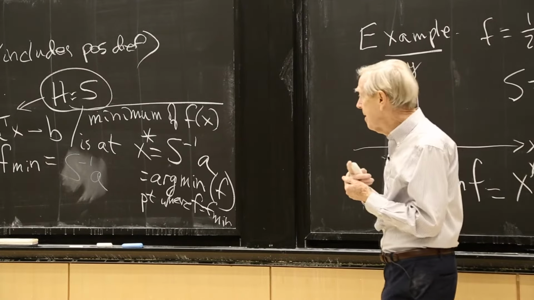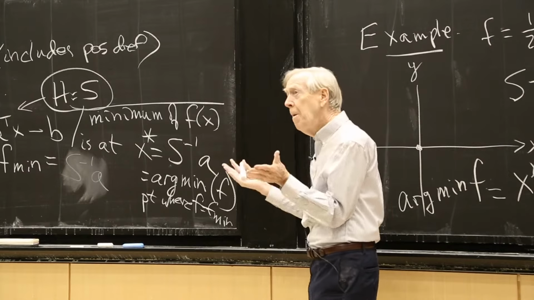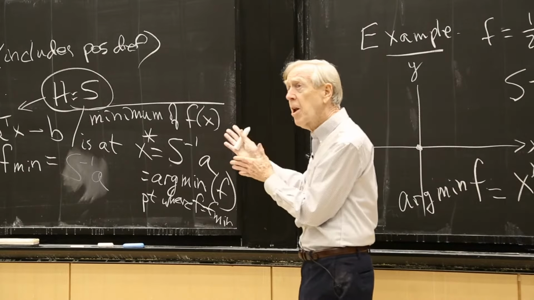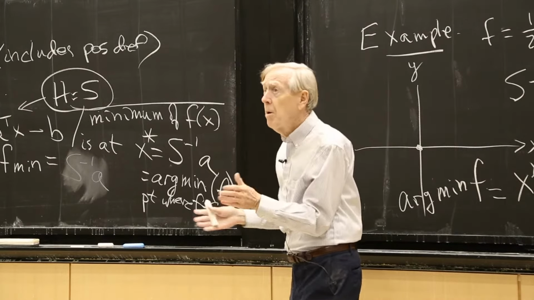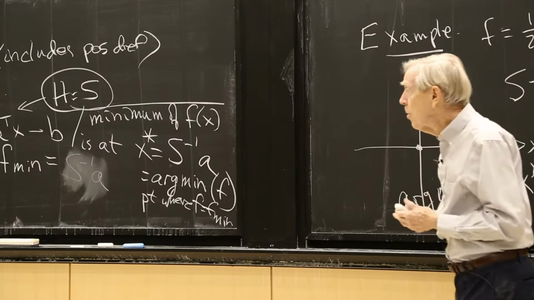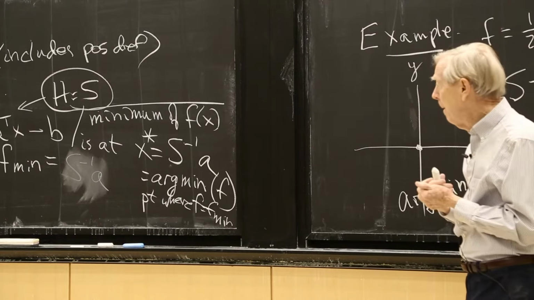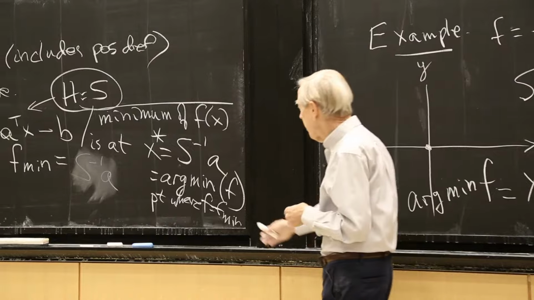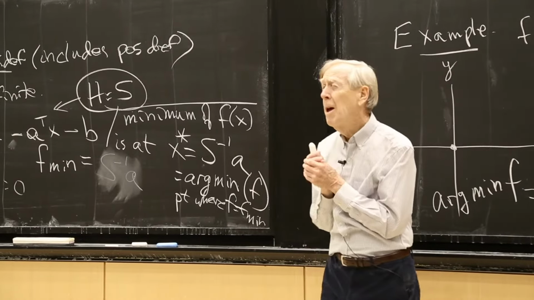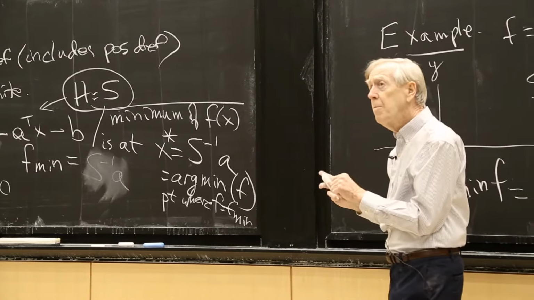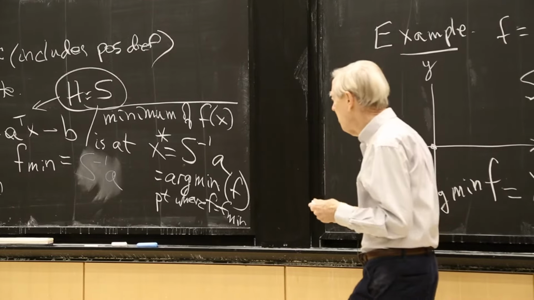I guess somebody could just be reading this stuff, for example, learning about neural nets, and run into this expression arg min and think, what's that? So it's maybe a right time to say what it is.